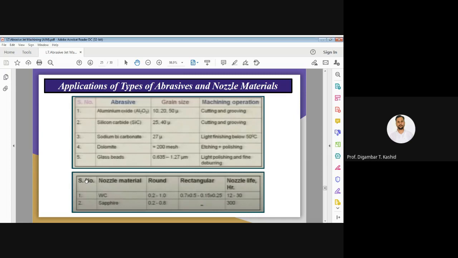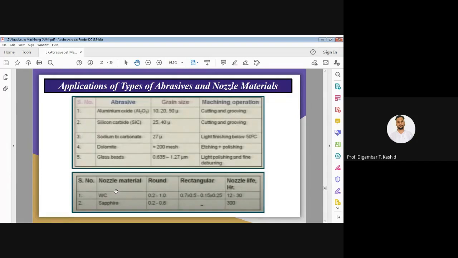That is important. Then in the second table, I have shown the nozzle material. There are two commonly known materials for making the nozzle: tungsten carbide (WC) and sapphire.